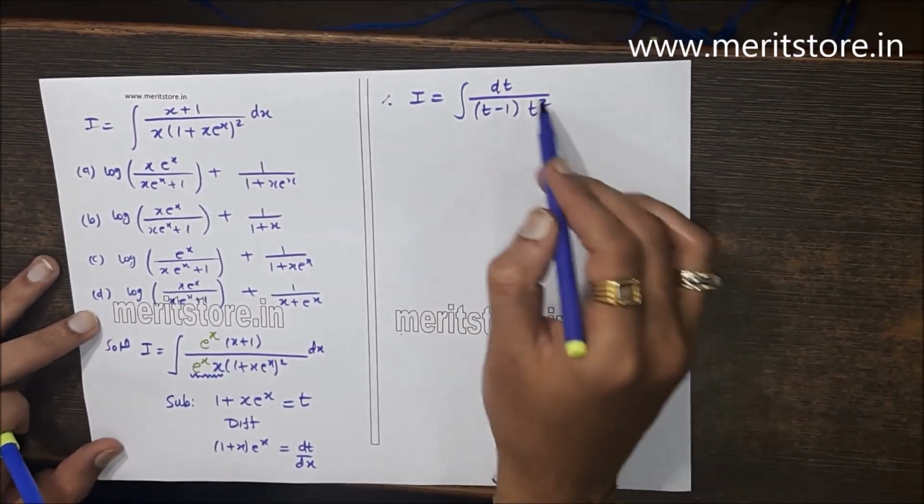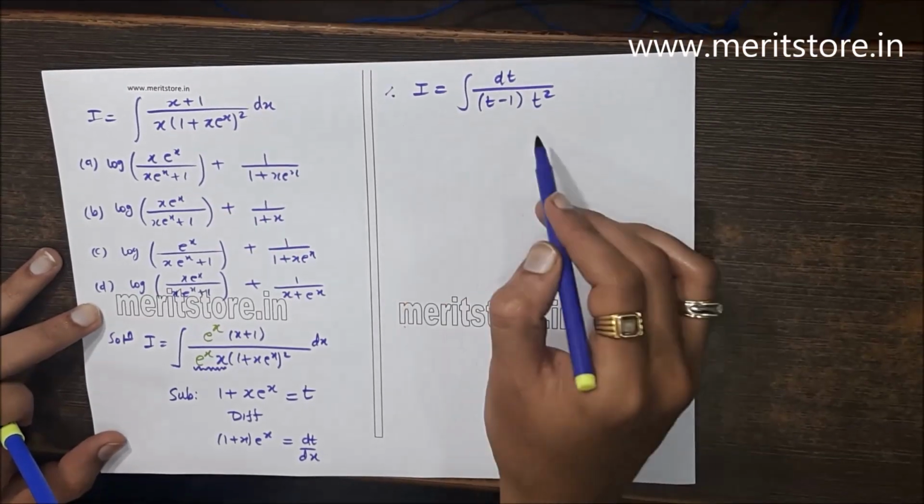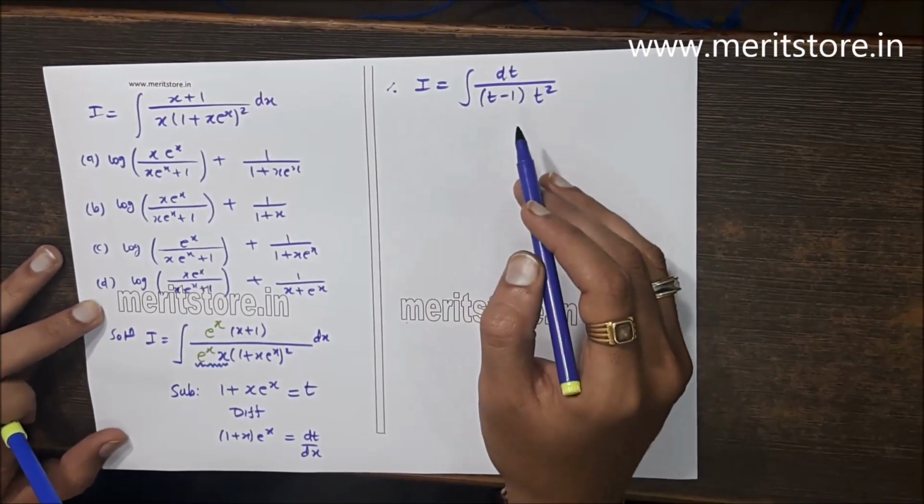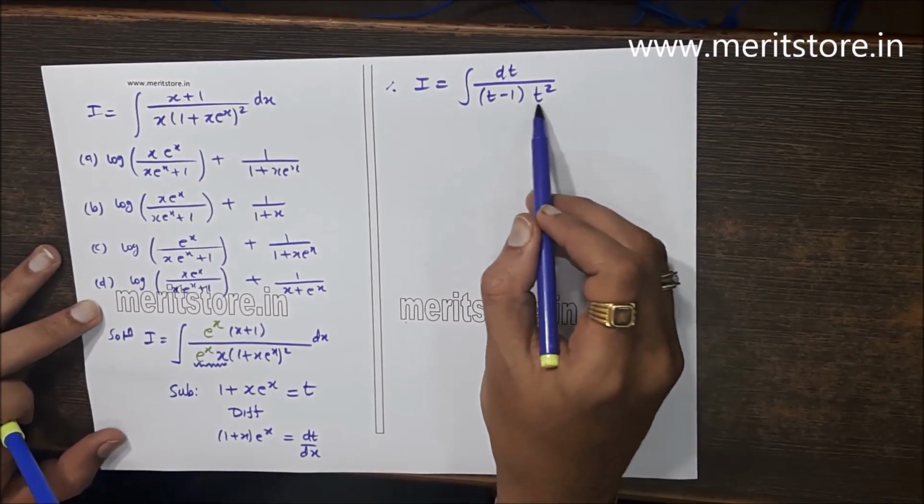Now this integral is converting to the partial fraction category. In partial fractions, it's of the second category, repetitive linear.